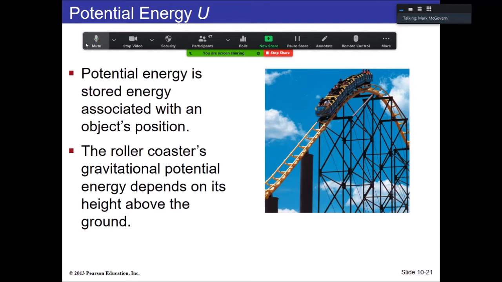The word potential is actually a decent term here because it represents the potential of an object to do some kind of action. If the roller coaster is at a large height, it has the potential to fall a great distance. That's a good way to put it. The potential energy depends on the mass of the object, and it depends on how far it can fall.